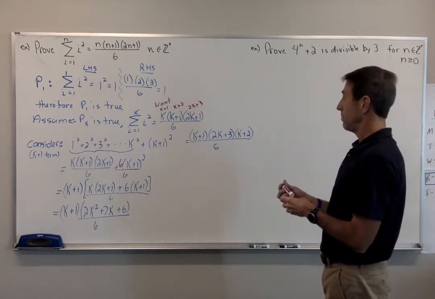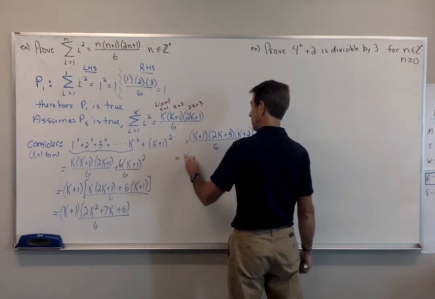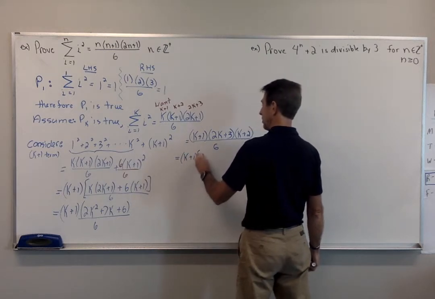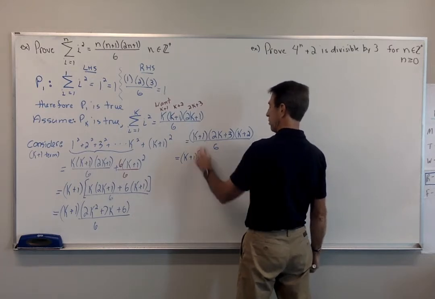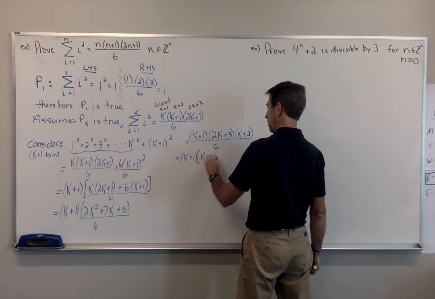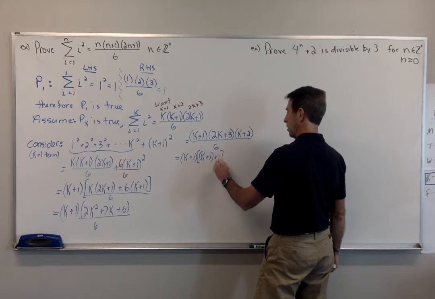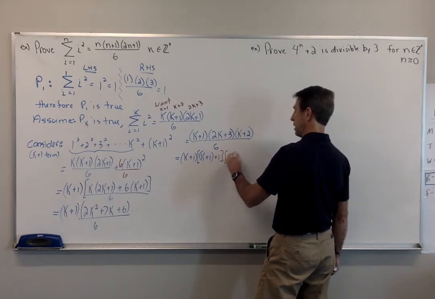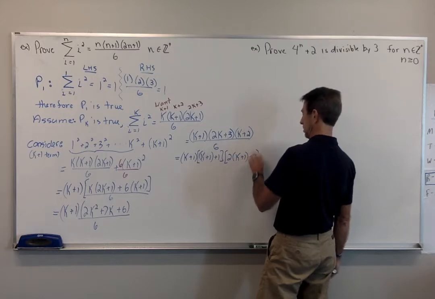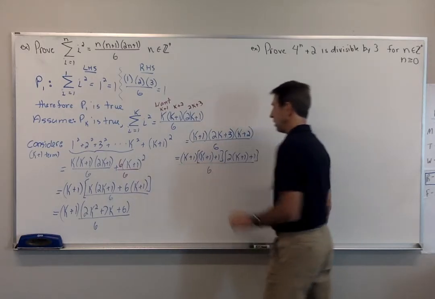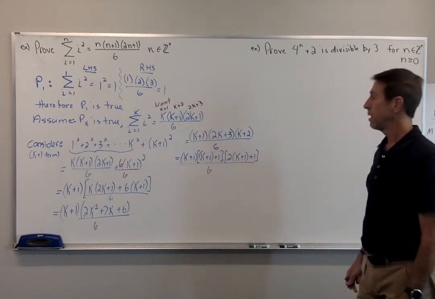But the only way to make it maybe even more obvious is to write this as k plus 1 times, sorry, I'll do the middle one first, k plus 1 plus 1 times 2 times k plus 1 plus 1. Not really a requirement, but it's nice to see that this and this are the same.